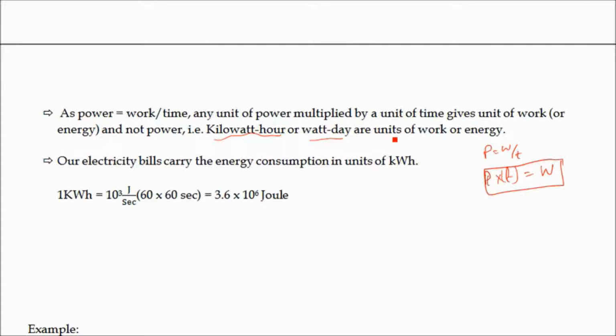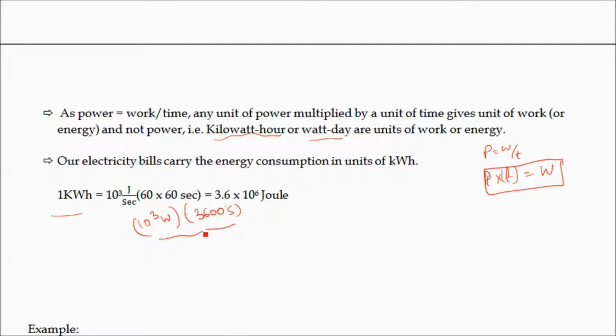Like our electricity meter records the energy consumption in terms of kilowatt hour. So kilowatt hour is equal to 1 kilowatt into 1 hour, and 1 kilowatt is equal to 10 to the power 3 watt into hour, which is 3600 seconds.